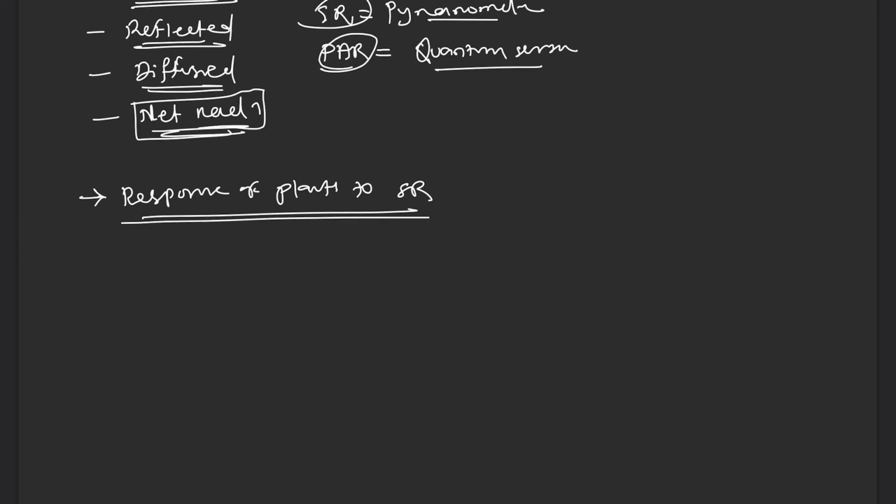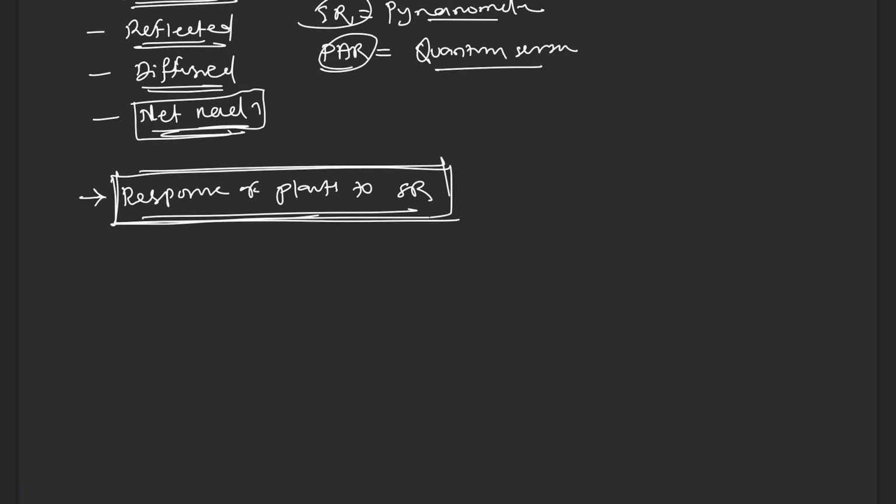Why are we studying these different climatic characteristics or weather attributes? We have to correlate these things with our crop growth and production. That is our main goal. So what is the response of plants to solar radiation?